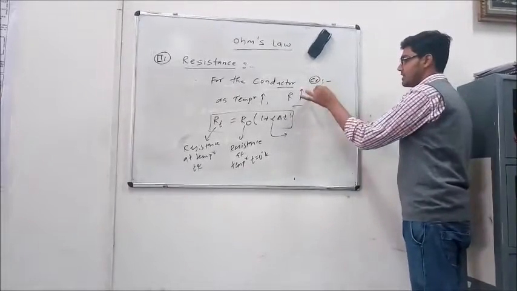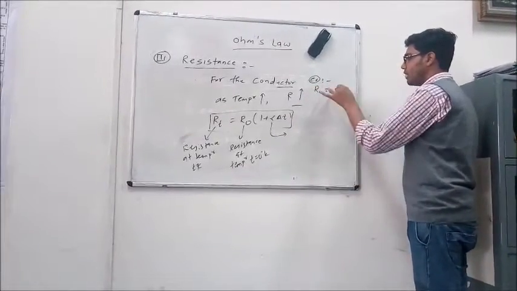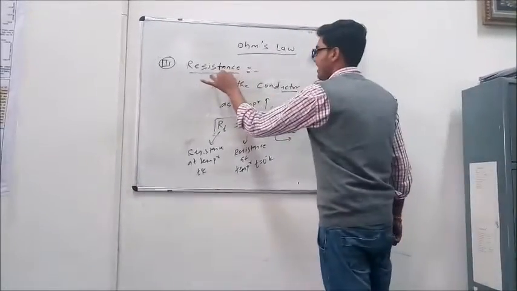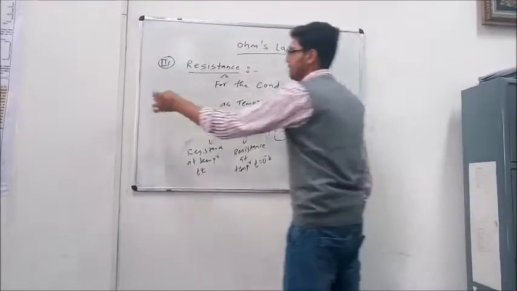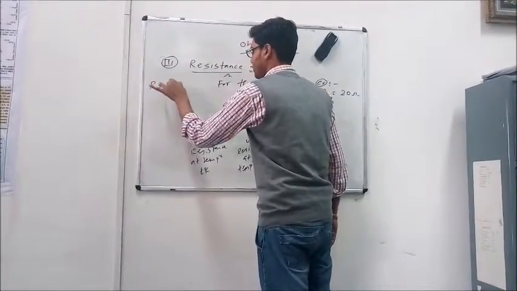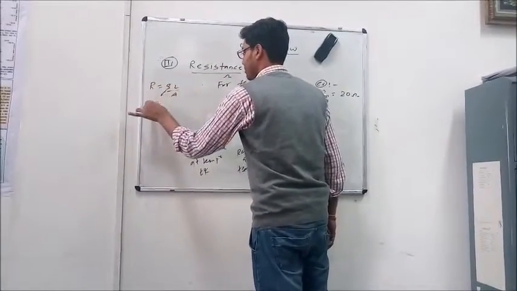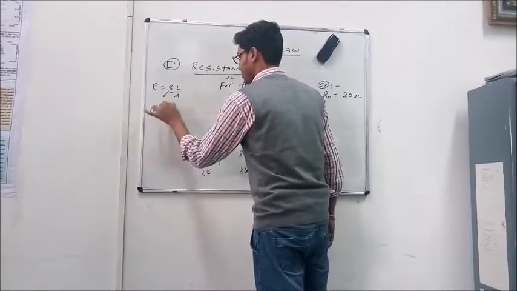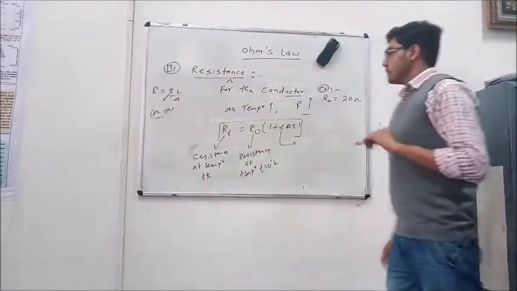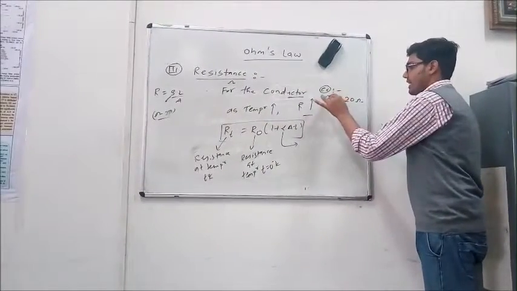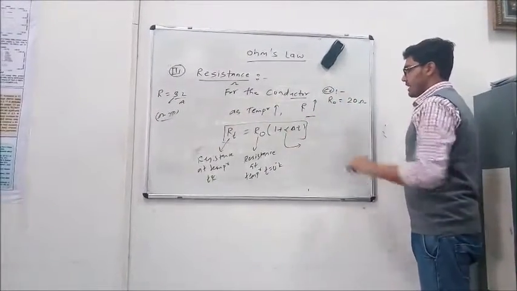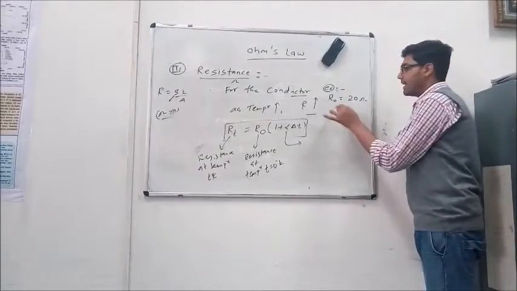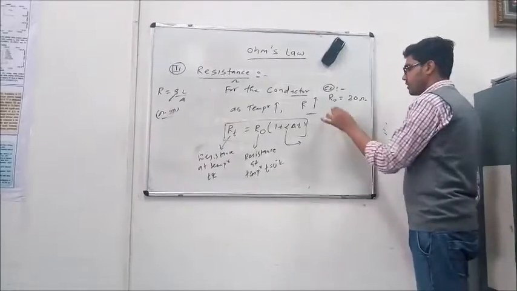Suppose I am considering one example. We have the resistance R naught 20 ohm, because the unit of resistance is ohm, and the unit of resistivity, which I discussed earlier, is ohm per meter or per centimeter. So if R naught is 20 ohm, that means the resistance at T equal to 0 Kelvin is 20 ohm.